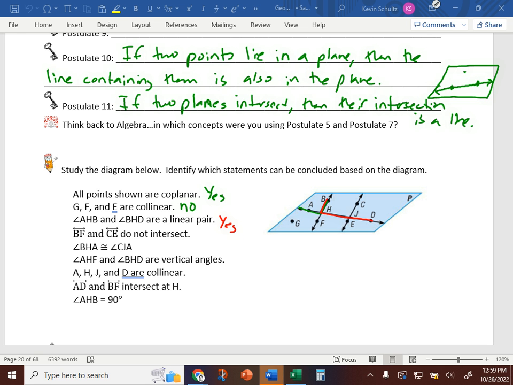In addition to that, because that's not very much for you to do, I would also like you to do page 101, number 39. That's all you gotta do for homework, including this. So this and page 101, number 39.